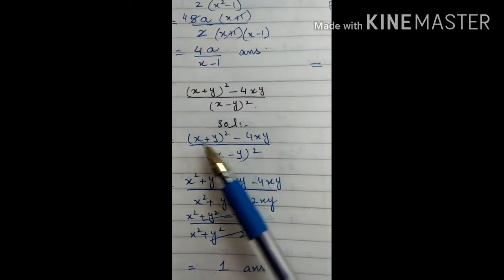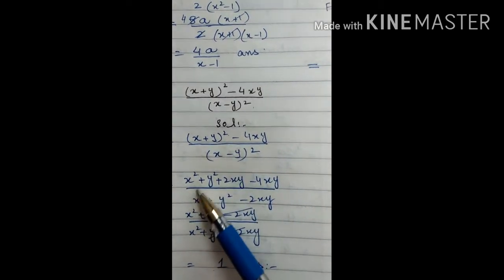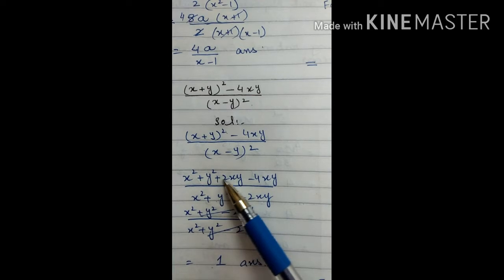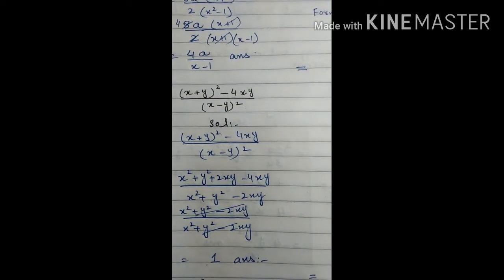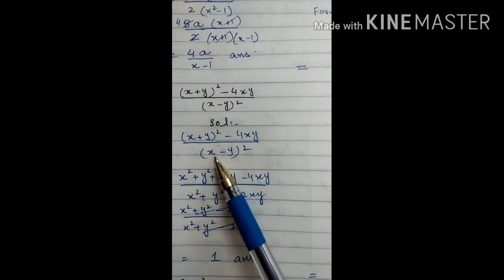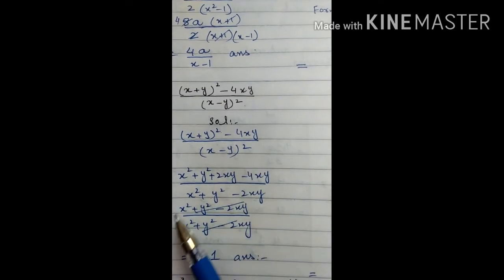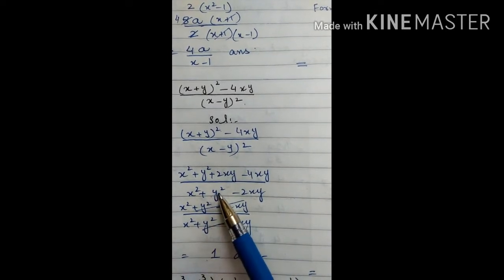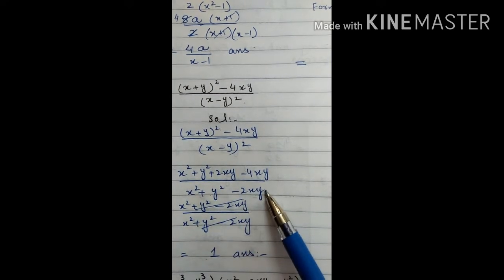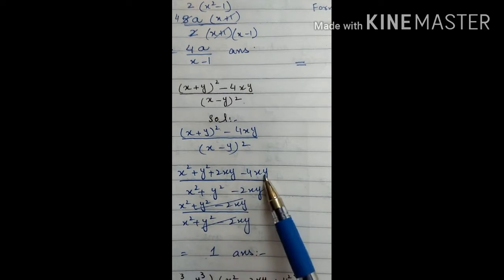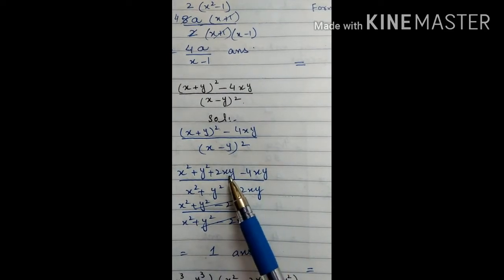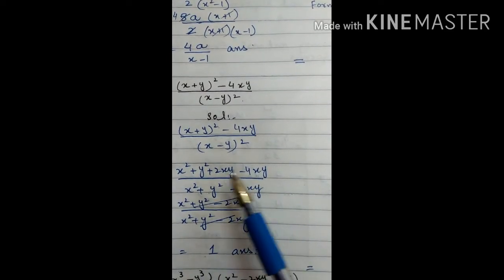Apply the formula. (x plus y) whole square is x square plus y square plus 2xy, minus 4xy will remain as it is. In the denominator, (x minus y) whole square is x square plus y square minus 2xy. These two are having the same variables xy and xy.